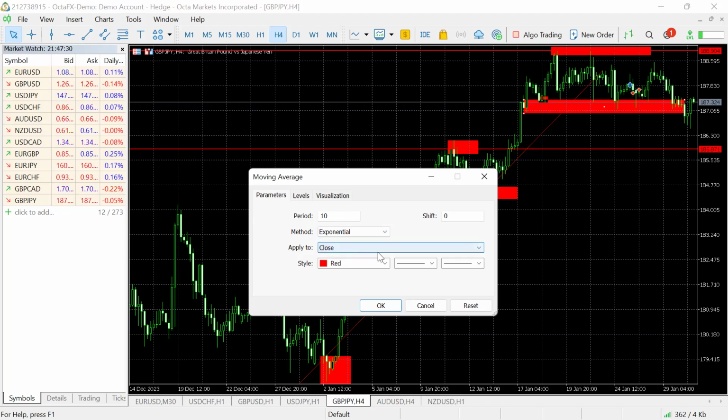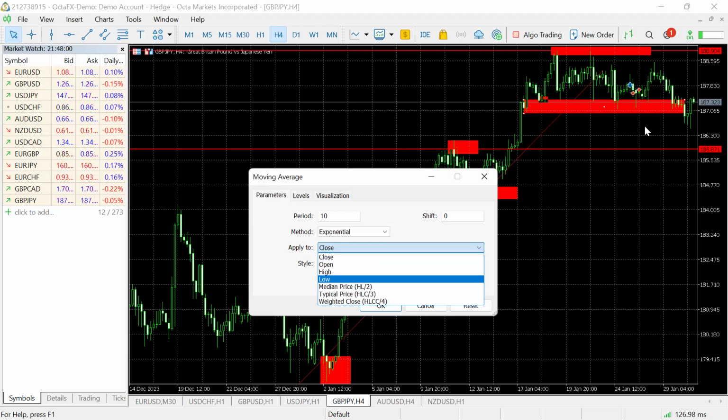Now you can decide to apply it to either the close of the candle, the open of the candle, the high or the low of the candle, or the median price. Let me explain this. Close means that the candle closes at a price level.